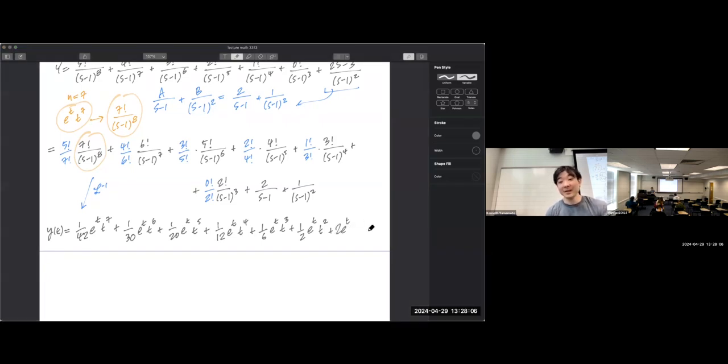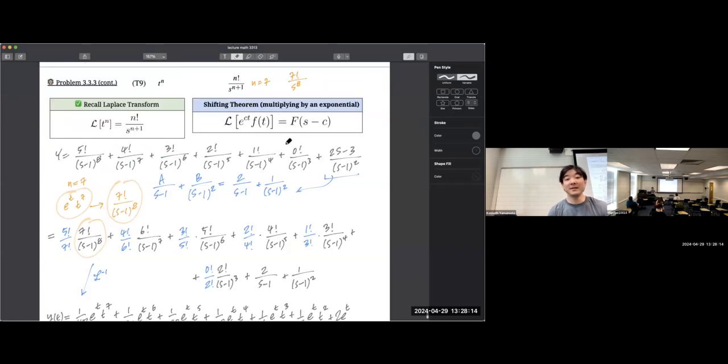And then this one: it's s minus 1 squared, but it looks like this is going to be s squared if n is equal to 1.